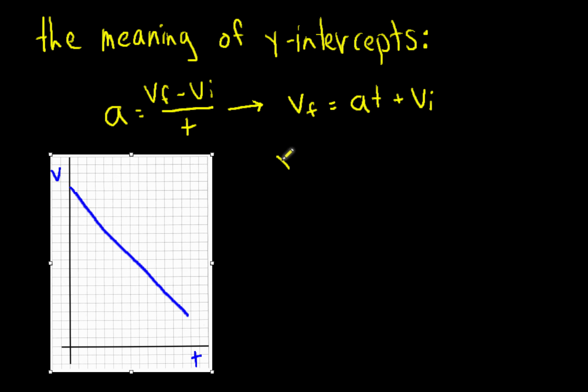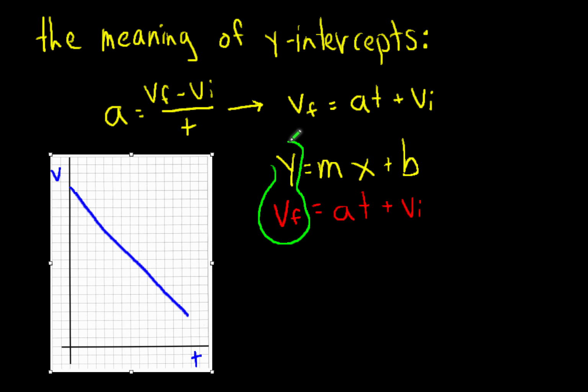This graph has the equation y equals mx plus b. If we put this rearranged version of our formula right underneath it, vf equals at plus vi, we can see the connections that are being made. On the y-axis, we've plotted v. This is vf. The slope of the graph is the acceleration.